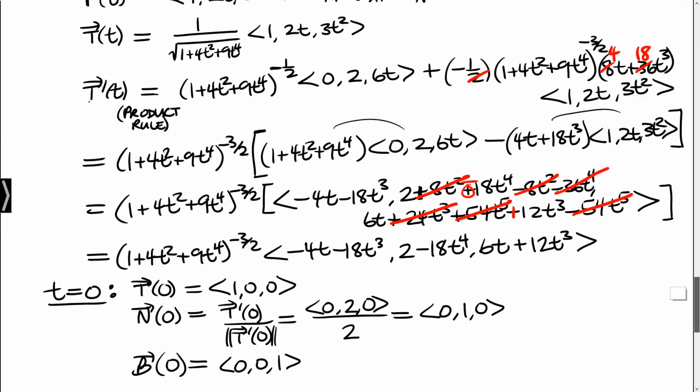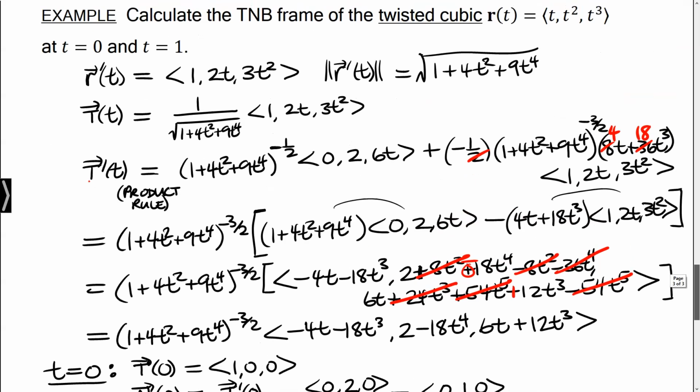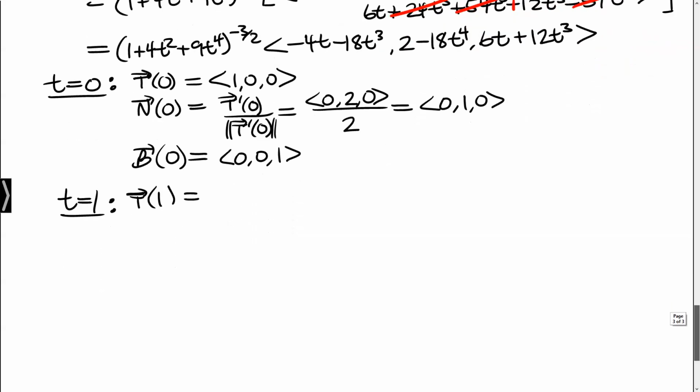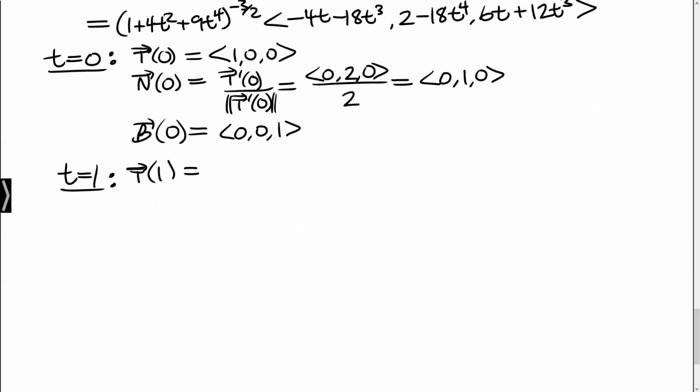We get 1, 2, 3, and it's all divided by square root of 14, since 1 plus 4 plus 9 is 14. So I'll write that as 1 over root 14 times 1, 2, 3, for the unit tangent.